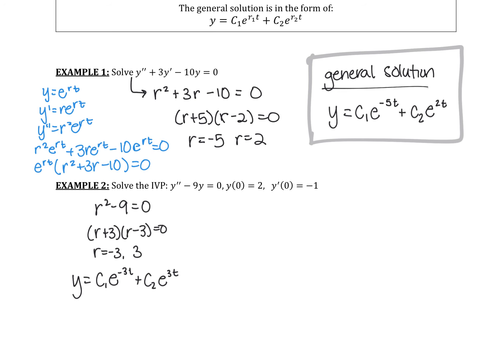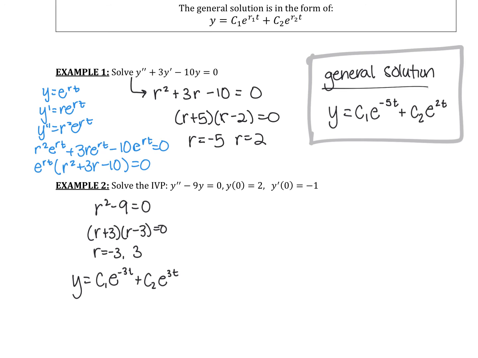Did we get the general solution of y equals C1 e to the -3t plus C2 e to the 3t? Those could be in any order. If you had C1 e to the +3t, you're still correct. It doesn't really matter. Now, how many initial conditions do we need? We need 2. Because we're dealing with 2 derivatives, we need 2 initial conditions.